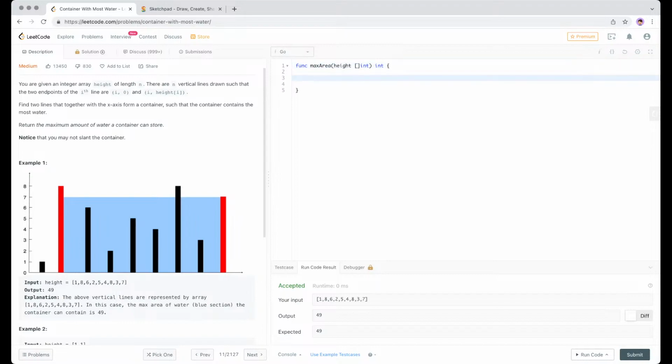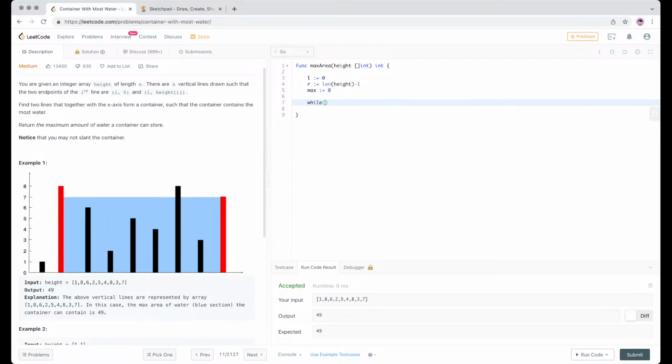So you have a left, which is 0, and then the right, which is pointing to the length of the height minus 1. You need the max result, which is initially assigned to 0.